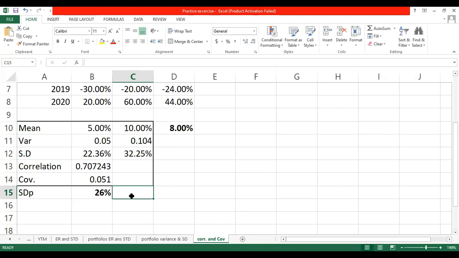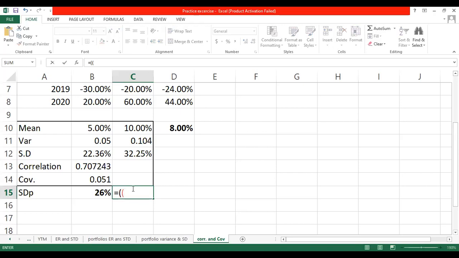Okay, see, if you remember, again I'm going to repeat it. It's a weight of stock 1 and multiplied by a return of stock 1 and square. Now let's see, is equal to, I'm going to start two brackets.